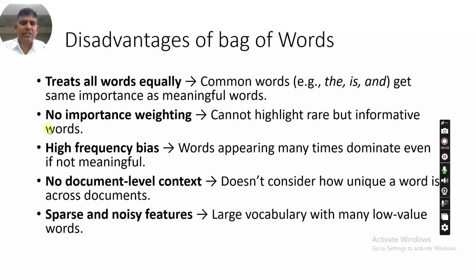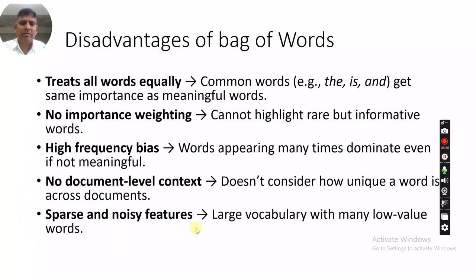The second disadvantage is no importance weighting, so it cannot highlight the rare and informative words. That means it gives equal weightage to all the words. The third disadvantage is high frequency bias: the words appearing many times can dominate even if they are not meaningful in nature. Next, no document level context: it doesn't consider how unique a word is across all the documents.